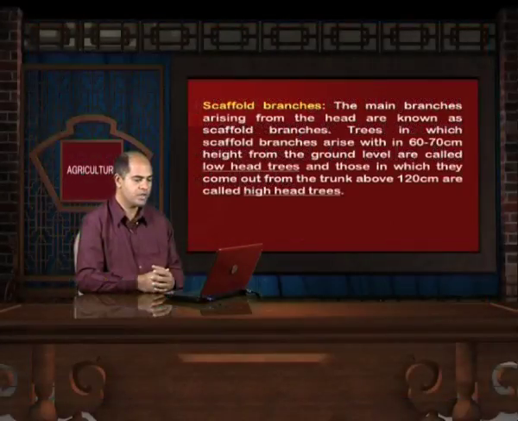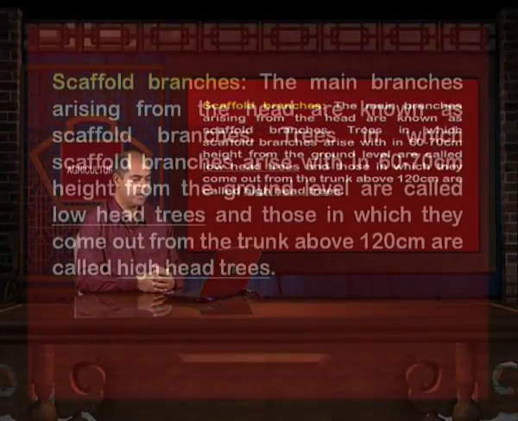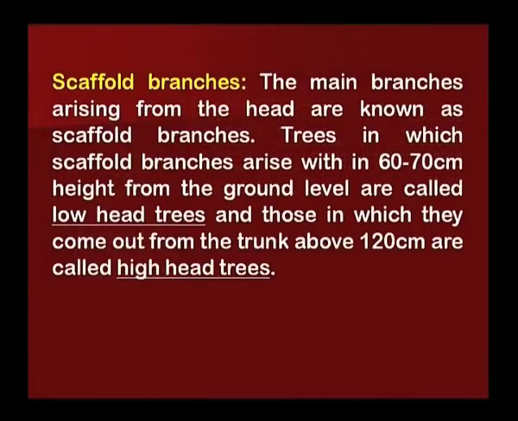The main branches arising from the head are known as scaffold branches. Trees in which scaffold branches arise within 60 to 70 centimeter height from the ground level are called low head trees, and those in which they come out from the trunk above 120 centimeter are called high head trees.